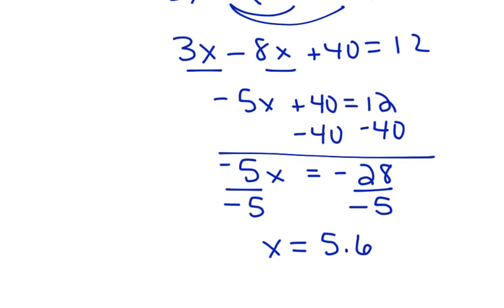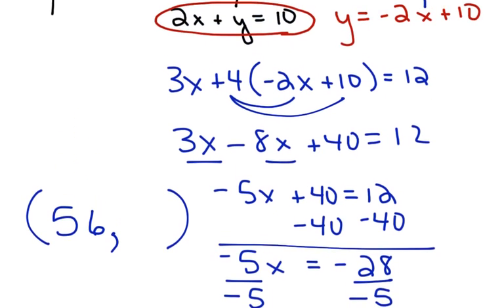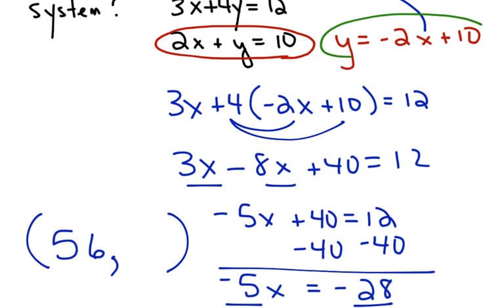Now that I know what x is, that's only half the answer. Remember that the solution to a system of equations is an ordered pair. So I know the x coordinate, I just don't know y. The easiest way to go back and find y is to plug 5.6 back into this equation. However, it actually doesn't matter which equation you plug into. You could have plugged into either equation in place of x and solved for y and ended up with the exact same answer.